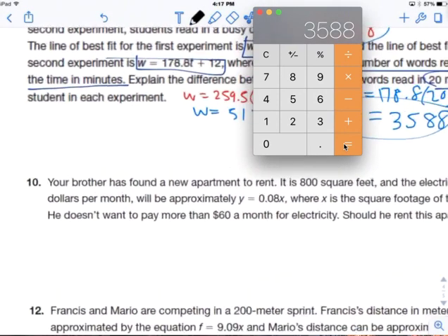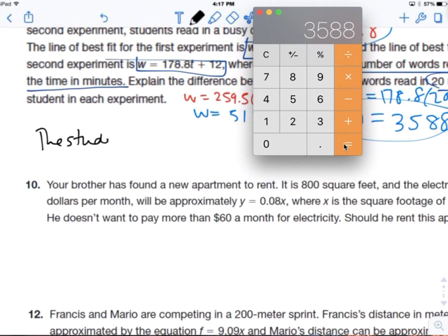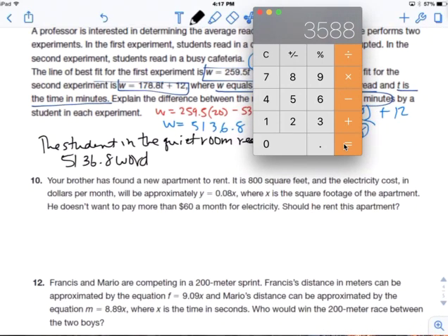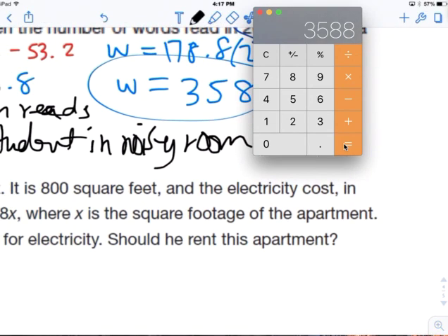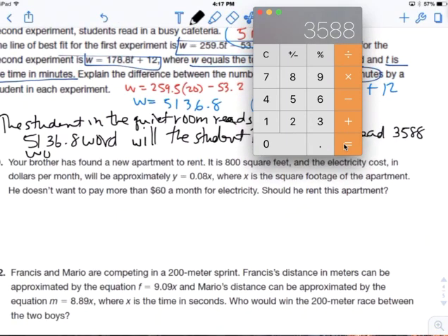Where the student in the quiet room reads 5,136.8 words, while the student in the noisy room reads words in 20 minutes.